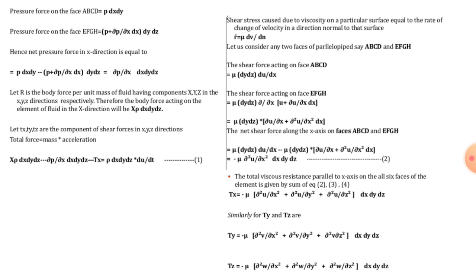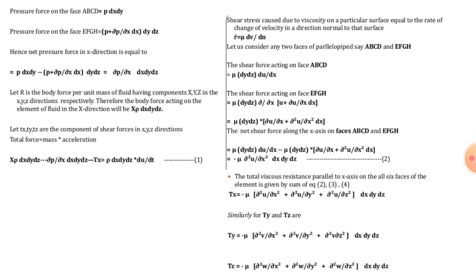Let R be the body force per unit mass of fluid having components X, Y, Z in the x, y, z directions respectively. Therefore, the body force acting on the element of fluid in the X direction will be X ρ dx dy dz.